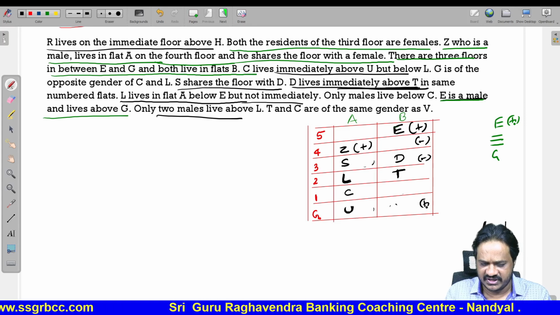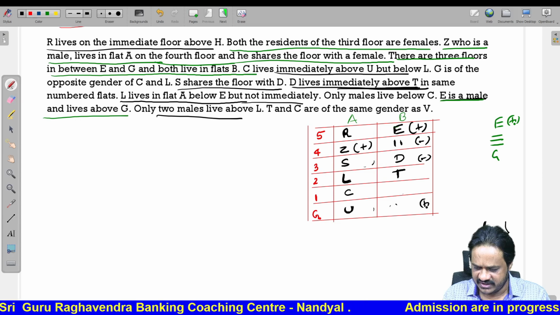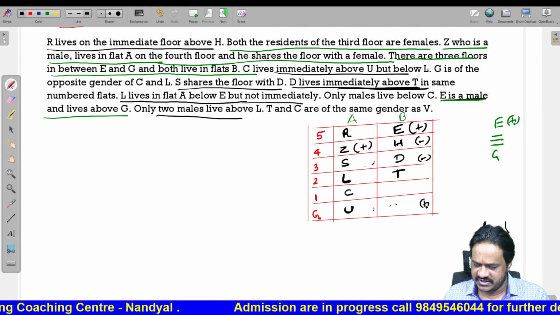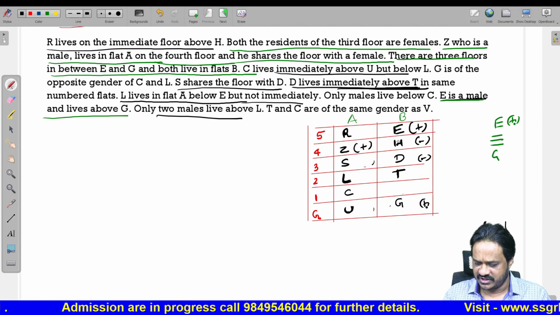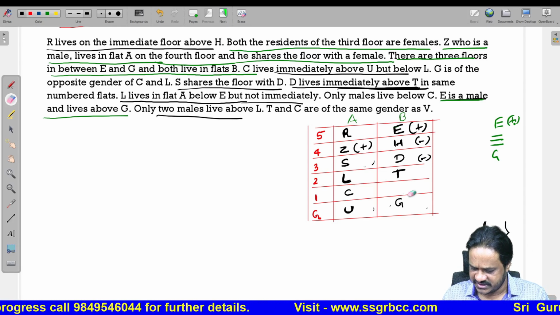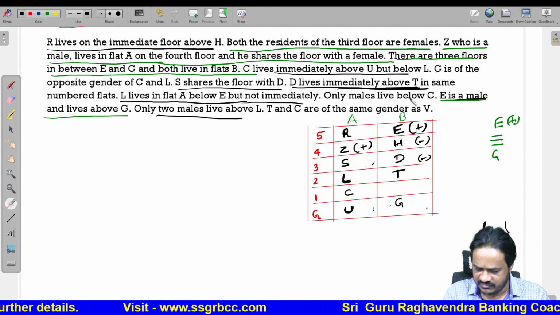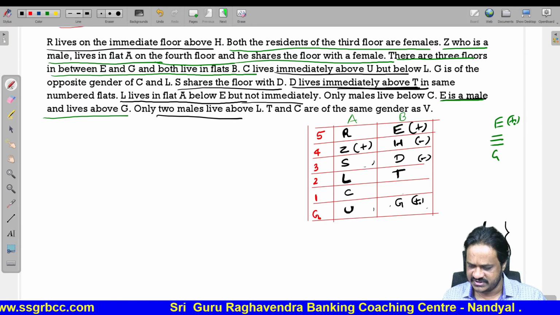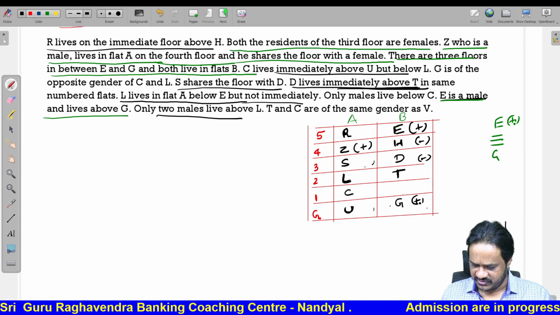Now R is living immediately above H. Only males live below C, so this one will definitely be plus. There are 3 floors between E and G: 1, 2, 3. So this one is G, sorry.